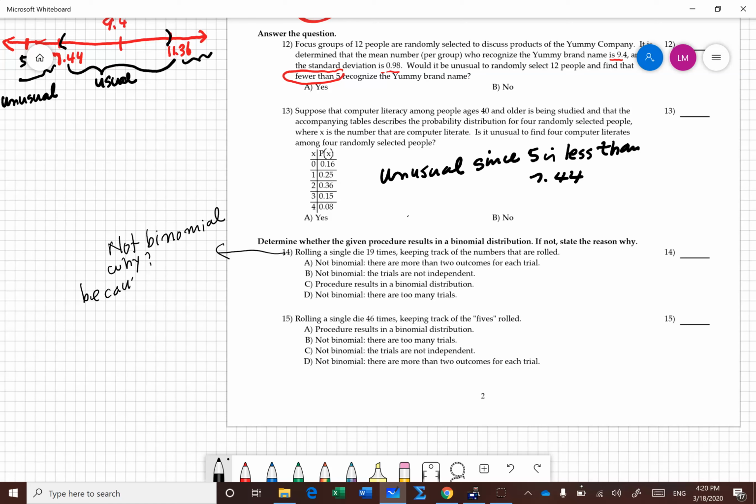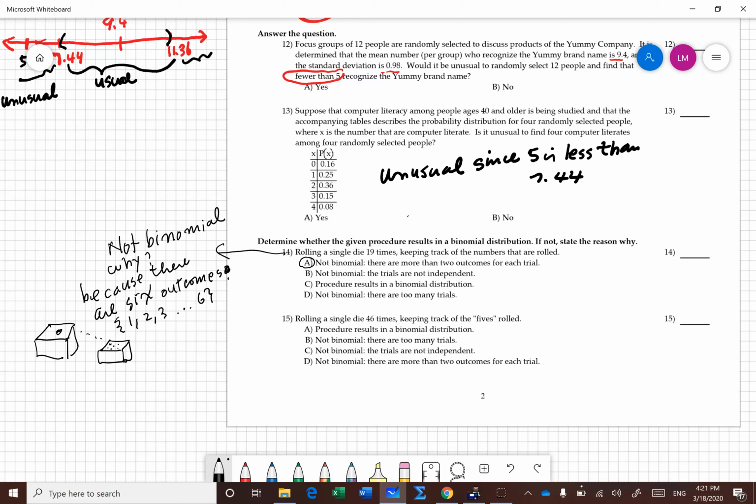Because there are 6 outcomes: 1, 2, 3, all the way to 6. When you roll a die, the dots on the top can be 1 through 6. So it is not binary. There are more than 2 outcomes. The answer is A. There are 6 outcomes.